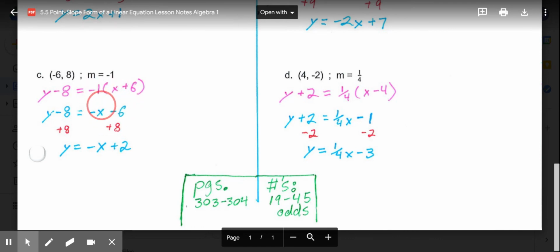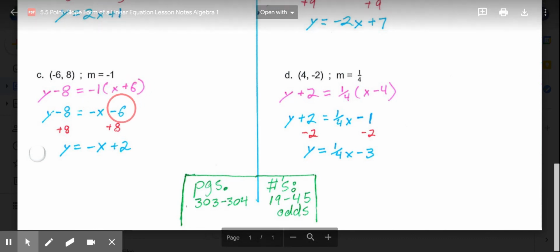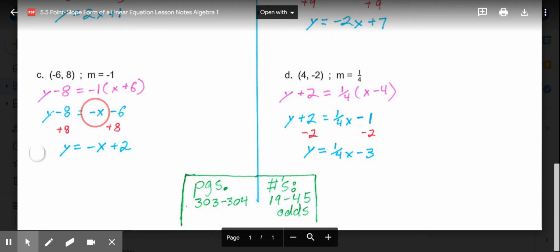So -1 times x is a -x. -1 times +6 is a -6. So I have y minus 8 equals -x minus 6. I need to undo the -8, so add 8 to each side, and y would equal the opposite of x, or -x, plus 2.